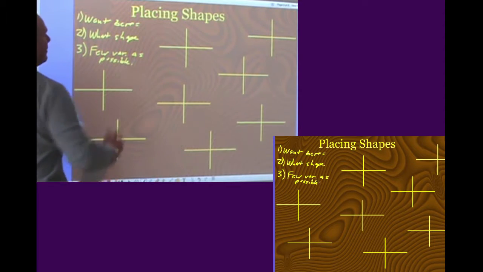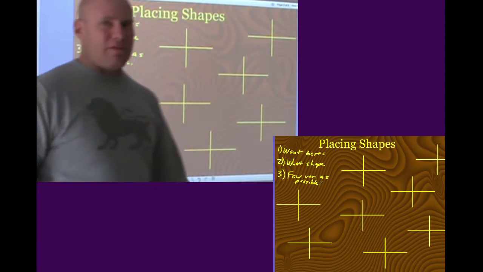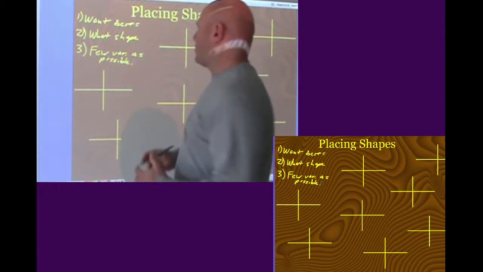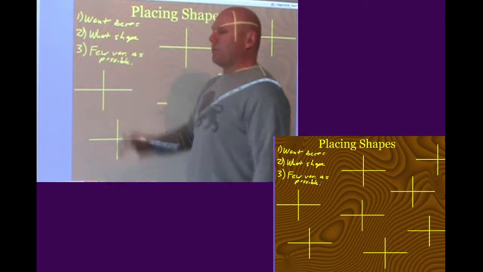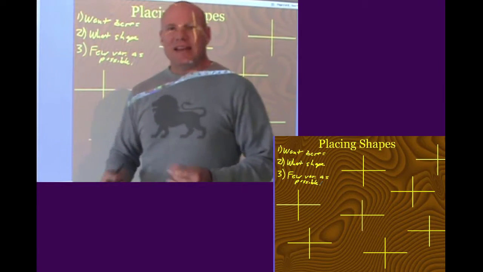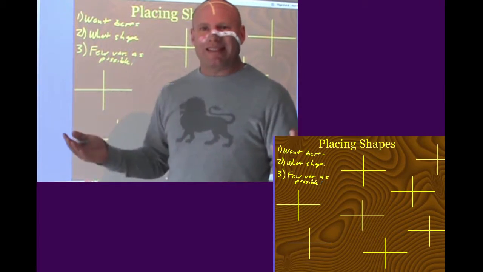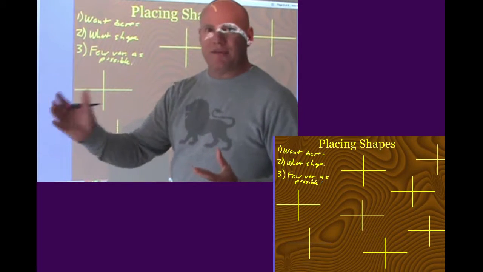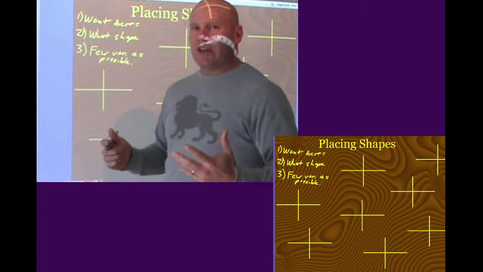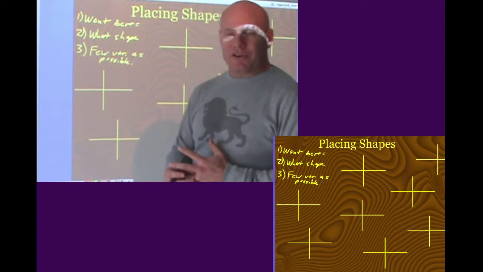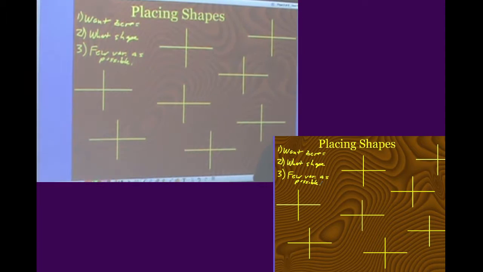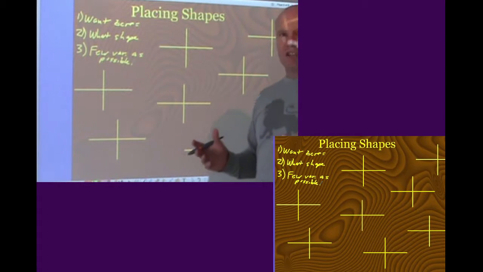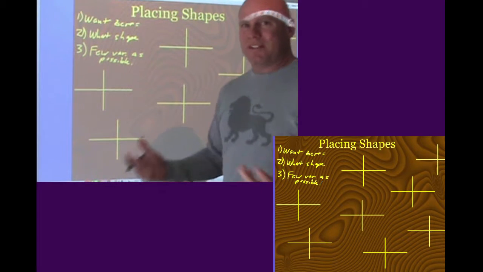Now this is what confuses some students here. Like, what are you talking about variables? Well, when I go to put a square, say for example, on the coordinate plane, I can't say it's 5 units here and 5 units here, because that's not a proof for all squares. It'll only be a proof for a square that's 5 by 5 by 5 by 5. So you have to use variables and letters when you're placing your shapes. And that's what's confusing to students. But the key is, it's just what's the shape?